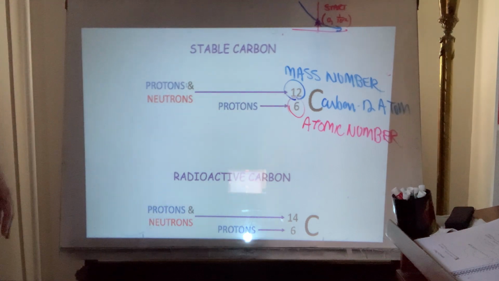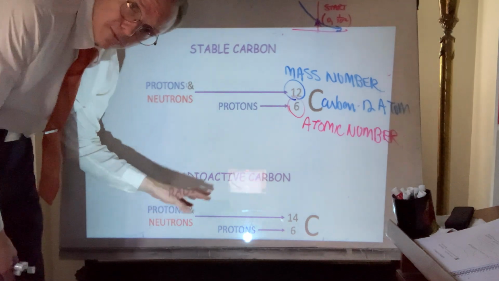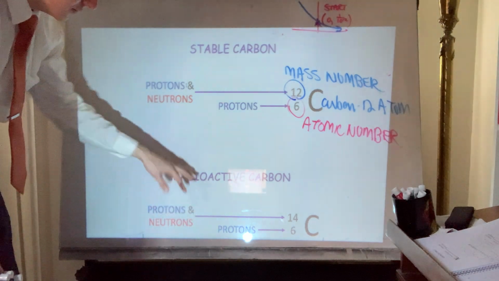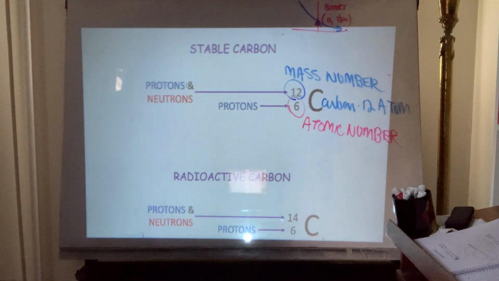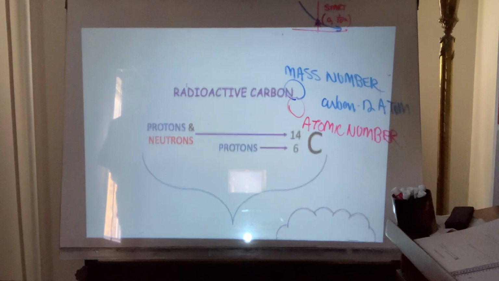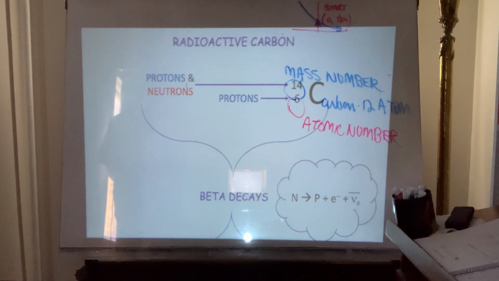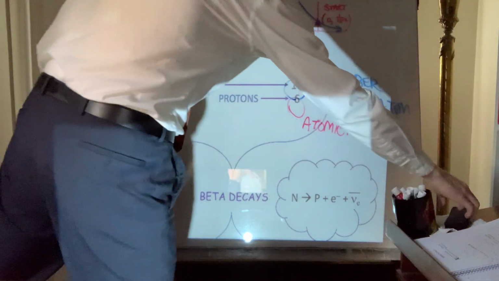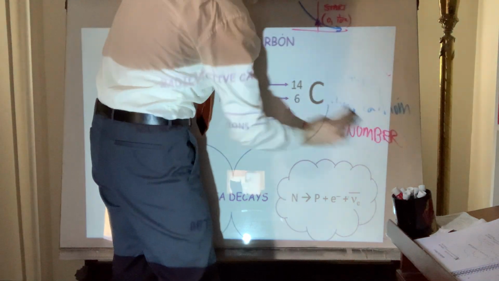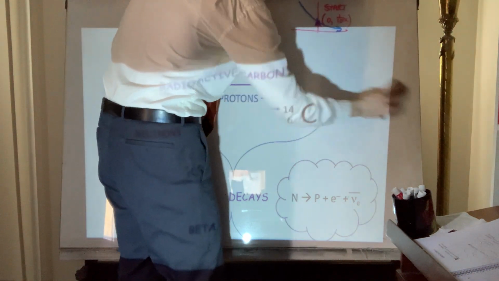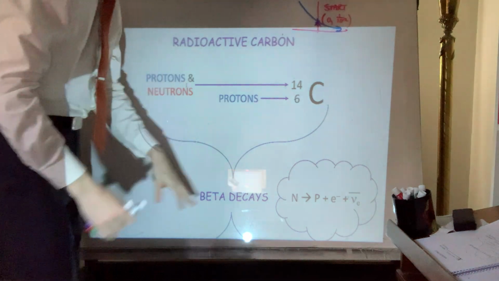Anyhow, during the radioactive decay process, to summarize, the mass number would start with 14. Why?